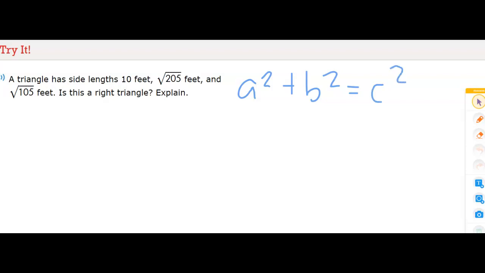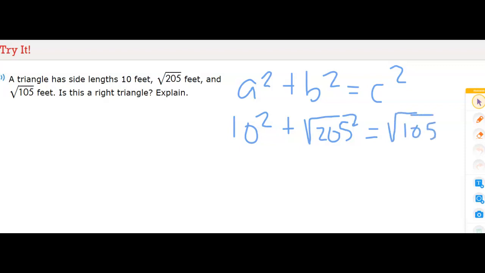And then you use the values that they have provided. So you would have 10 squared plus the square root of 205 squared is equal to the square root of 105 squared. Okay, and then you solve it.